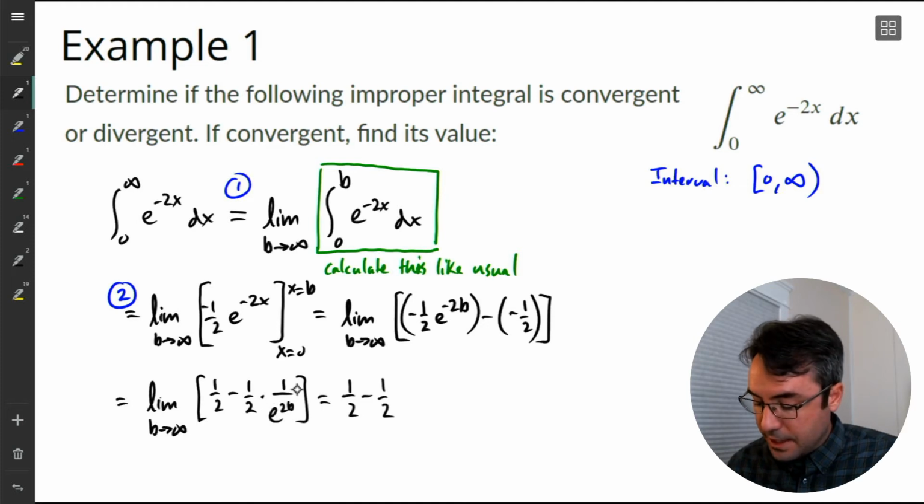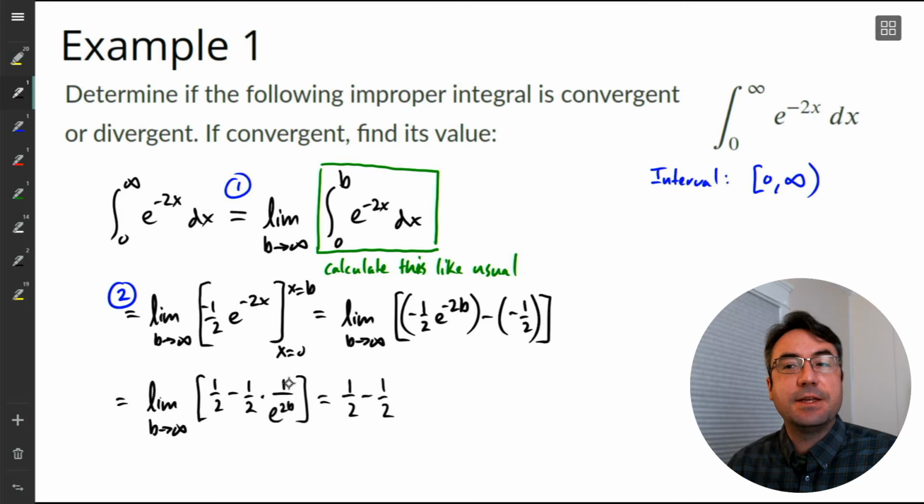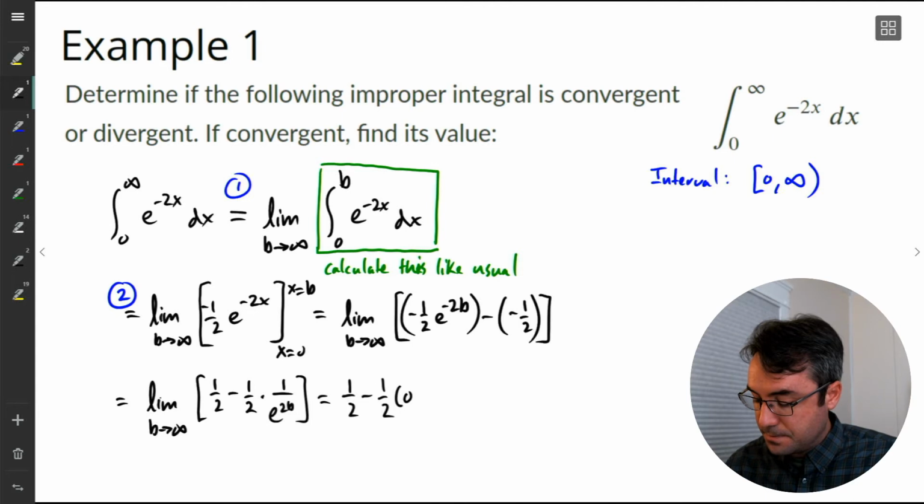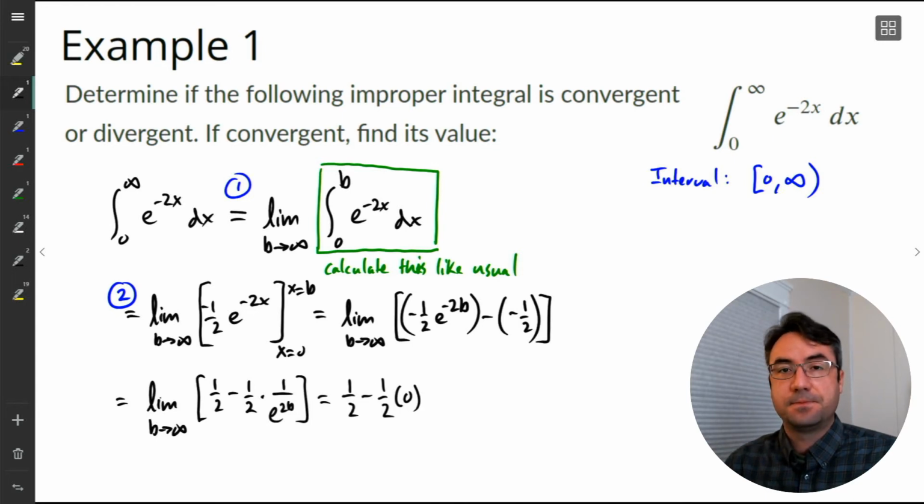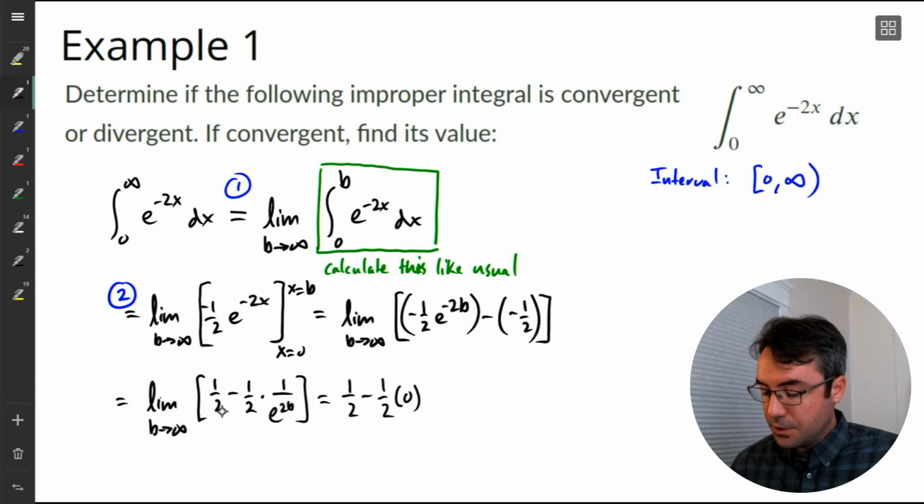And then let's look at this fraction here. b is approaching infinity, so that means this exponential term is approaching infinity. What we have here is a fraction where the denominator is getting really large, going to infinity, and so that means the entire fraction goes to 0. So what do we end up with?